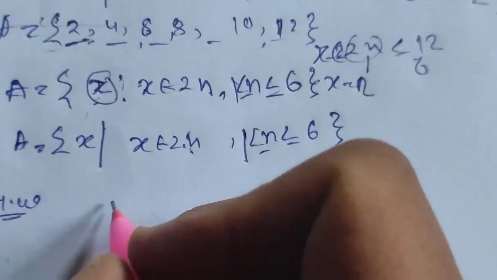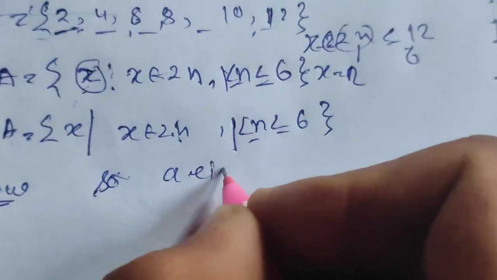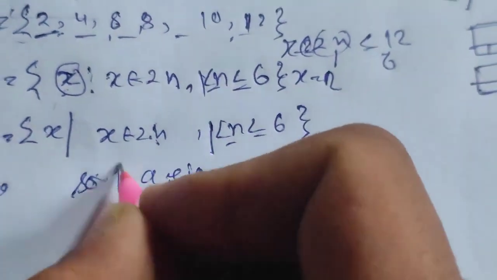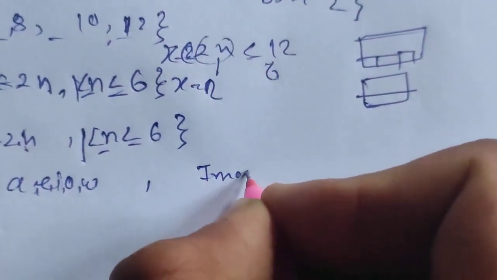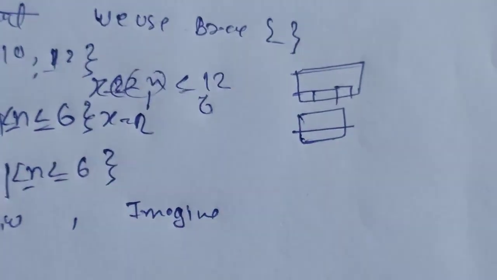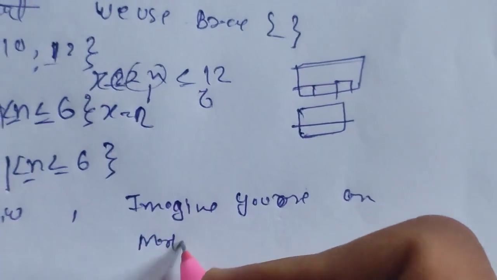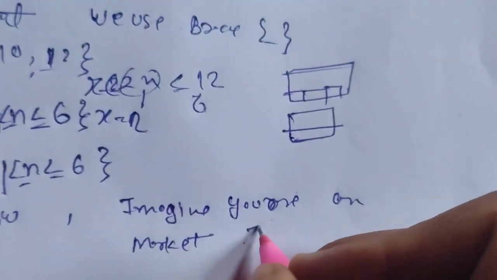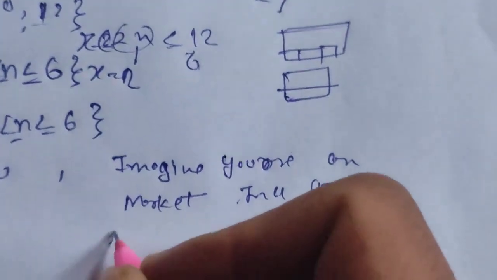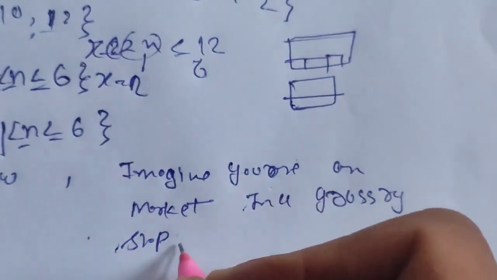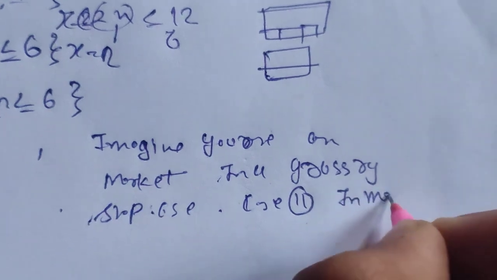Okay, now for example, take A, E, I, O, U, build a set, question 1. Second, imagine you are in a market, in a grocery shop, case 1 or case 2, you are in a market, okay.